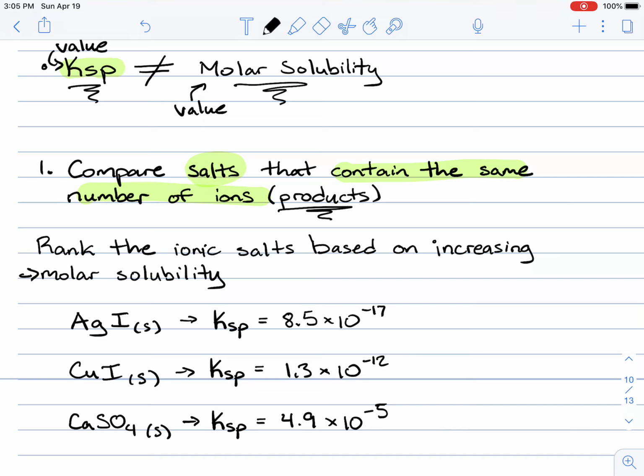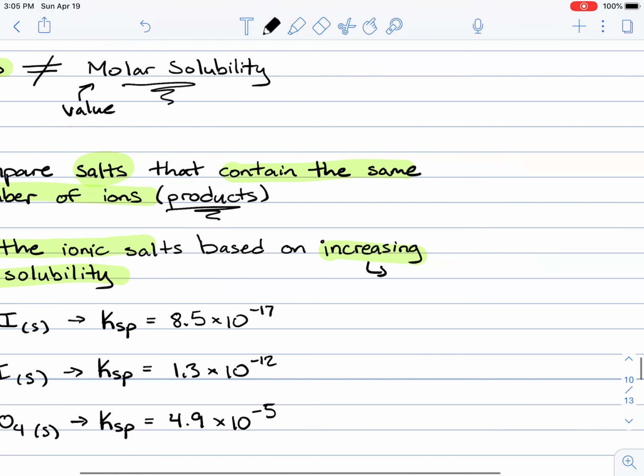We're going to rank the ionic salts based on increasing molar solubility. When you're going from increasing molar solubility, you want to start with the lowest, so the least soluble.